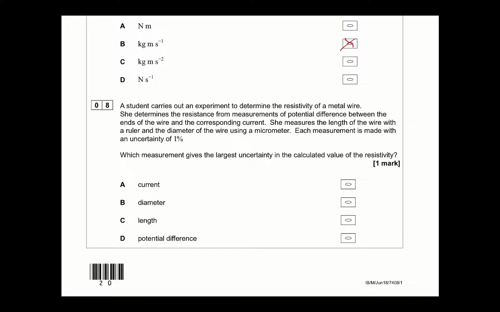Okay, so if everything is measured with a 1% uncertainty, your diameter is squared to find area, so it will offer the biggest uncertainty.